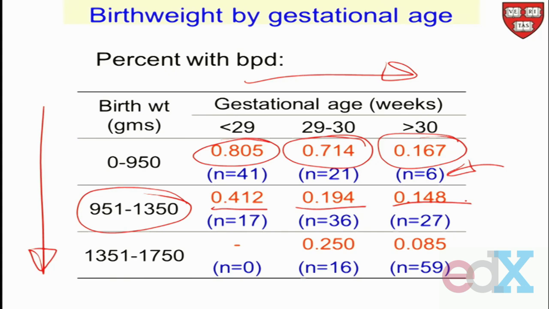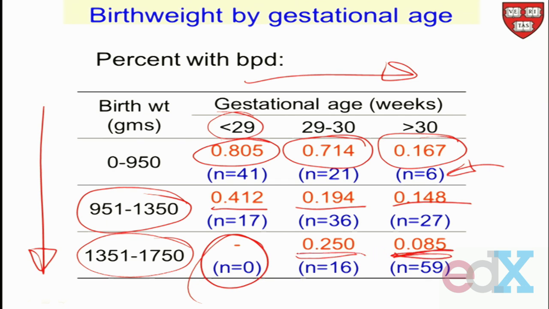When we look at this last one, the first thing we notice is that there's a 0 here. That's because not too many, in fact 0, in this group of less than 29 weeks gestational age had birth weight in the 1.35 kilogram or higher. But anyway, with these two, we can still see a gestational age dependency in terms of the proportion who get BPD.